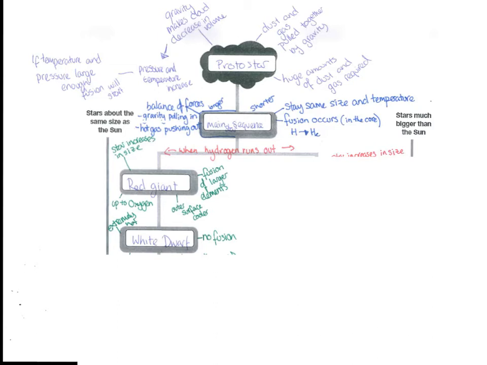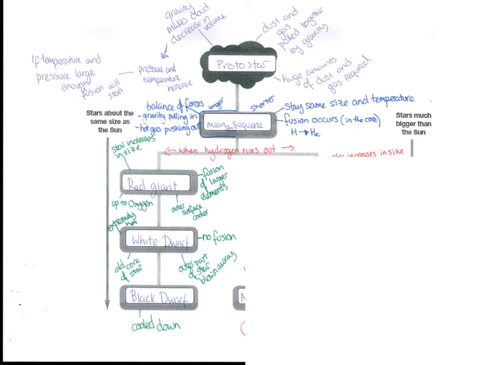So what happens here is that the core of the red giant, where fusion was taking place, is left behind, but no fusion takes place anymore, and so it's just white hot, and that is the white dwarf. The outer layers of gas that did exist around the red giant are dispersed into the universe, just leaving the white hot core, which is extremely hot and known as a white dwarf.